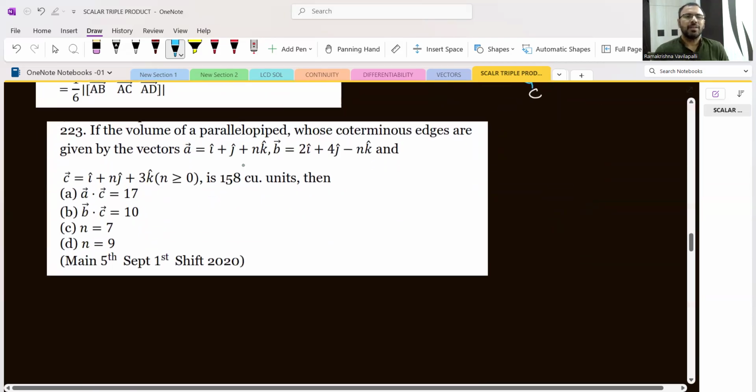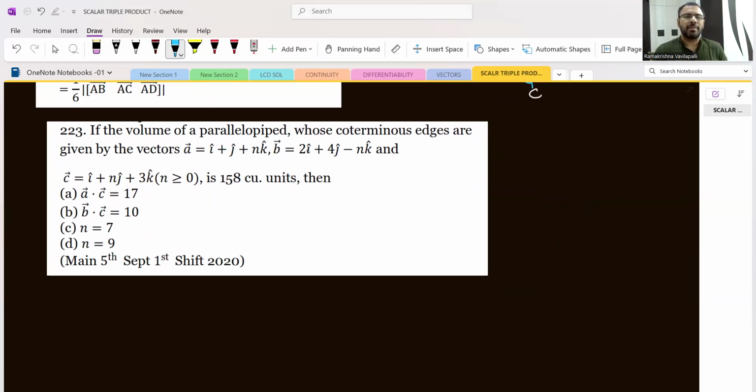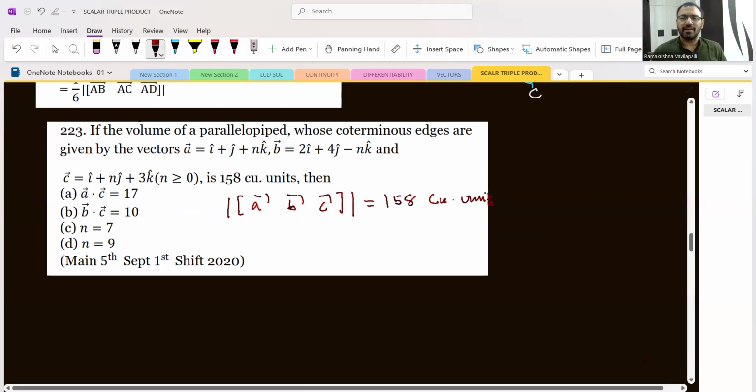All right. So what is the volume of the parallelepiped whose coterminal edges are given by A bar, B bar, C bar? It is given that the modulus of box of A bar, B bar, C bar is equal to 158 cubic units, right? Now, it is just a determinant application.